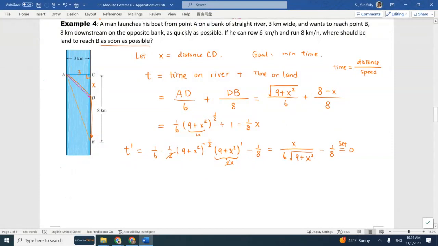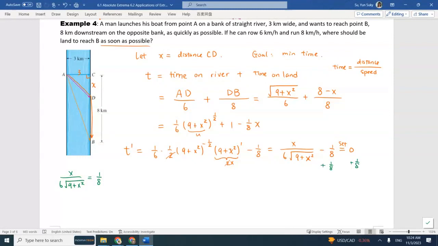Okay, so we're in the process to solve for x. So x over 6 square root of 9 plus x squared equals 1 over 8. So we add 1 over 8 on both sides. Is that okay, everybody?